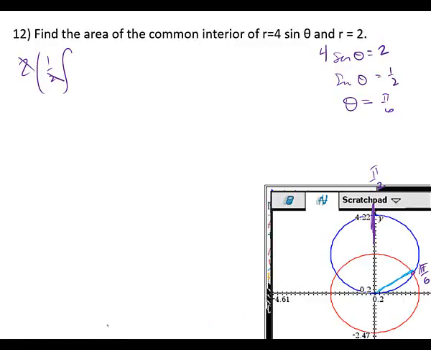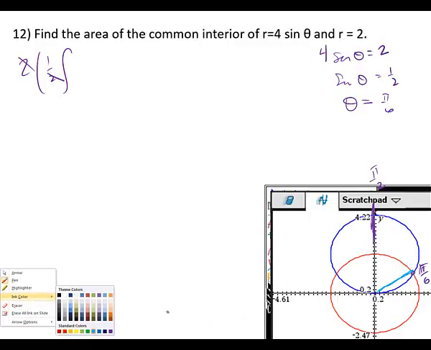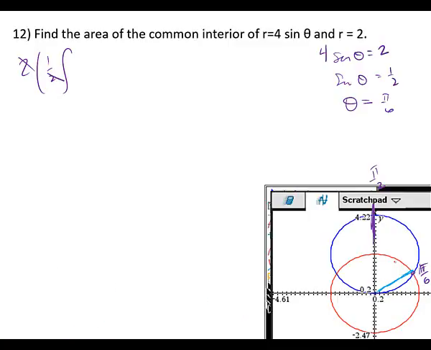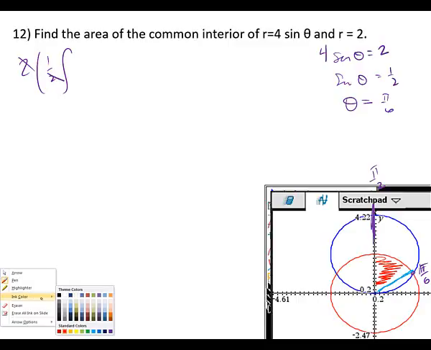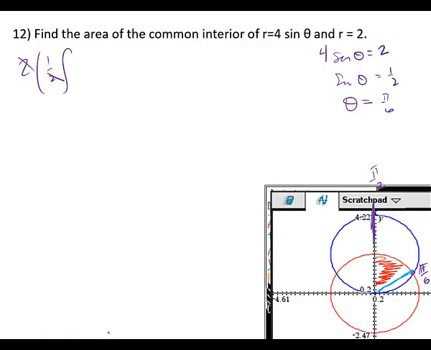The graph that's acting from pi over 6 to pi over 2 is that chunk of the red circle. Does that make sense? And then you see, I blew it way up on purpose because it's really hard to see this little sliver. From 0 to pi over 6, the area of the graph that we need is that little chunk.